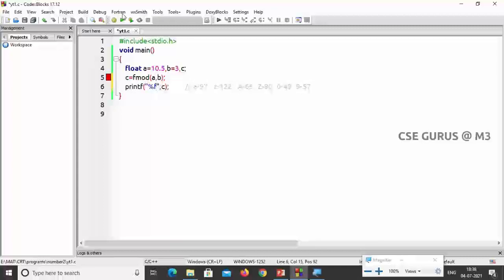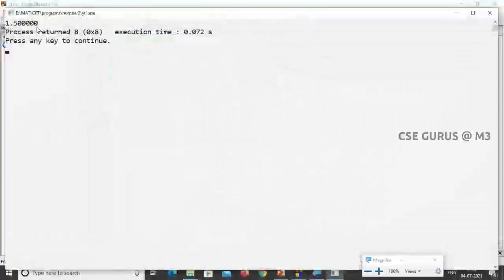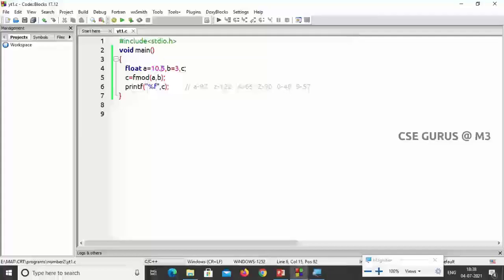Now you can see the output. There is no error, you can see 1.5, like this. If you want more clarity, you can take other values. I'll take something like 40.5, and can I take 6? 6 sixes are 36, so I'll get 4.5.